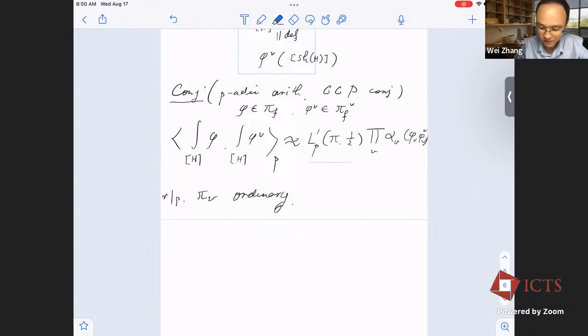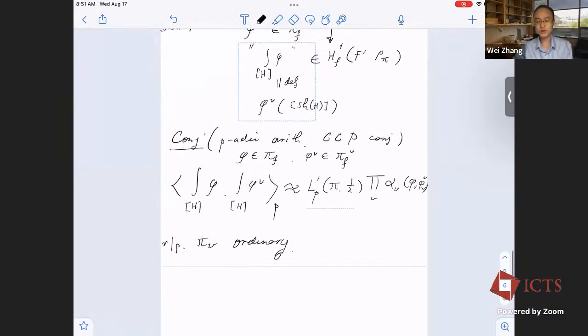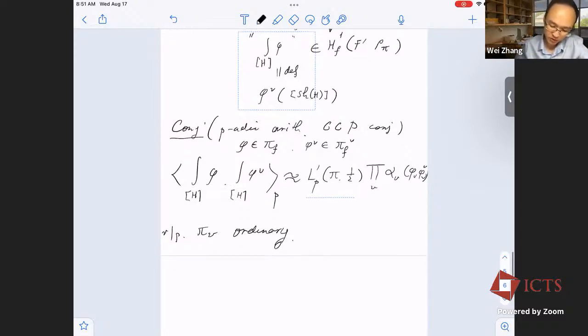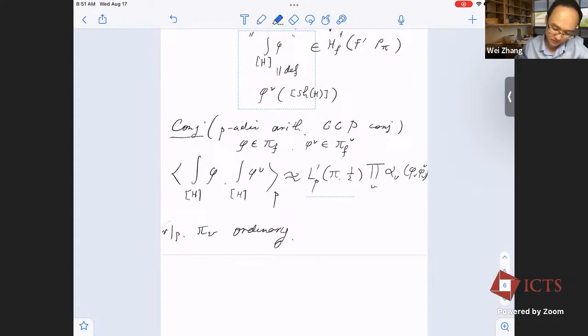There's a p-adic L function attached to the Rankin-Selberg convolution. So you take the base change of the unitary group to GL_n, you do the Rankin-Selberg convolution, and then you take the derivative along the cyclotomic direction. So that's one remark about the p-adic L function. So in some sense, there's an embedded conjecture in this conjecture.